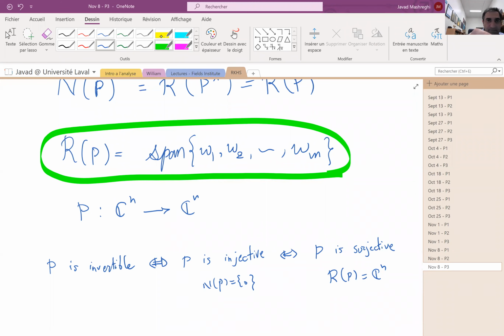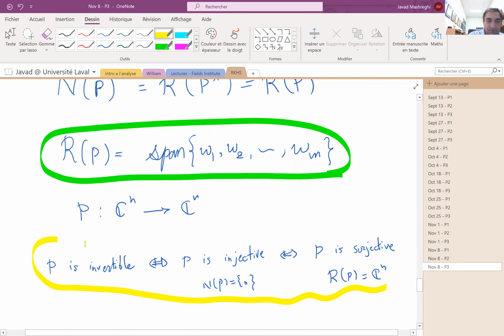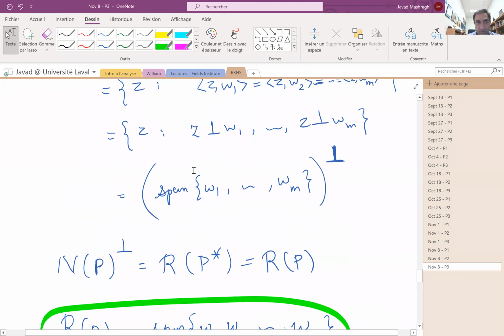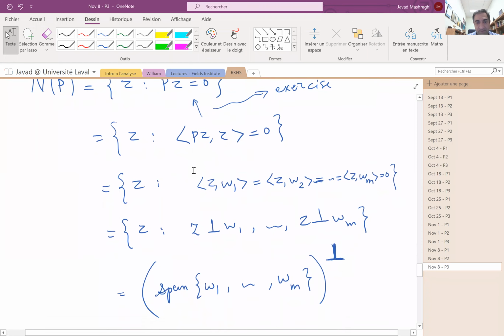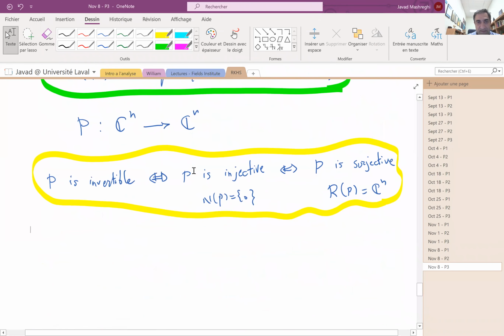That's a standard but important fact in linear algebra. And therefore, by this Green formula, or the formula for the null space of P, we immediately see that P is invertible, which in our case is equivalent to saying that P is strictly bigger than 0, because it's already bigger than or equal.